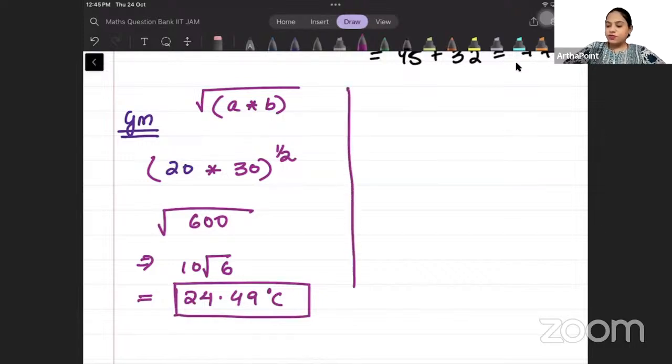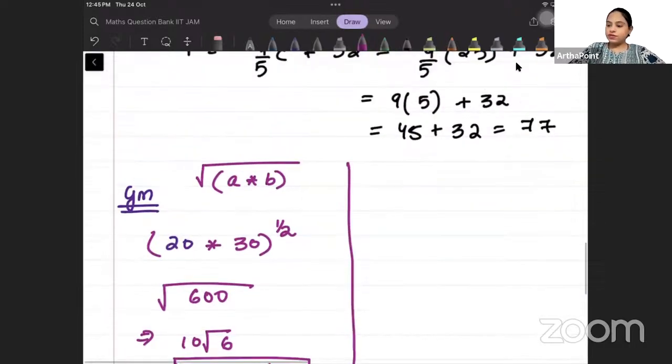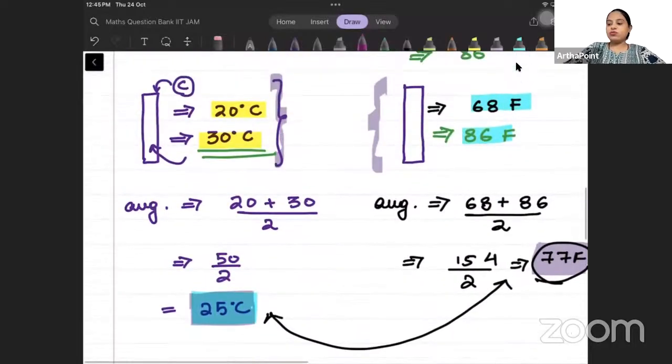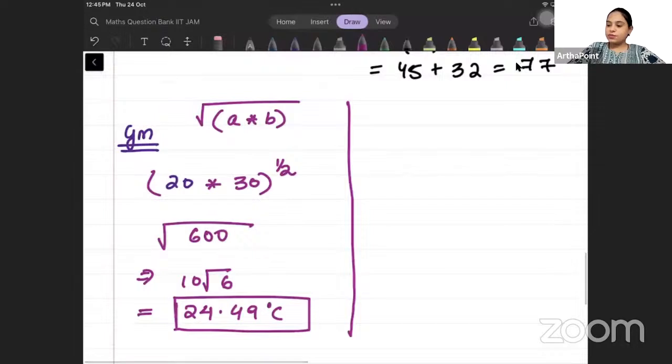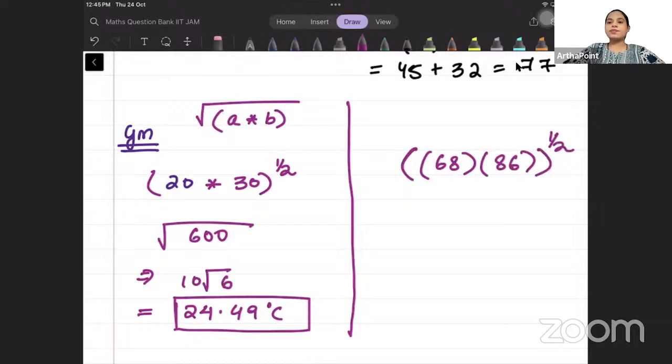Let us try to find the GM of this temperature that we have found out. So 68 into 86 under root. So GM will be 68 into 86 under root. Right? 68 into 86 under root. So 68 into 86 is giving me 5848.